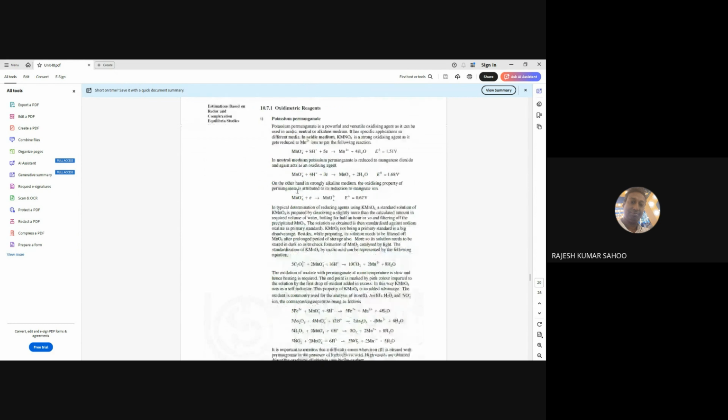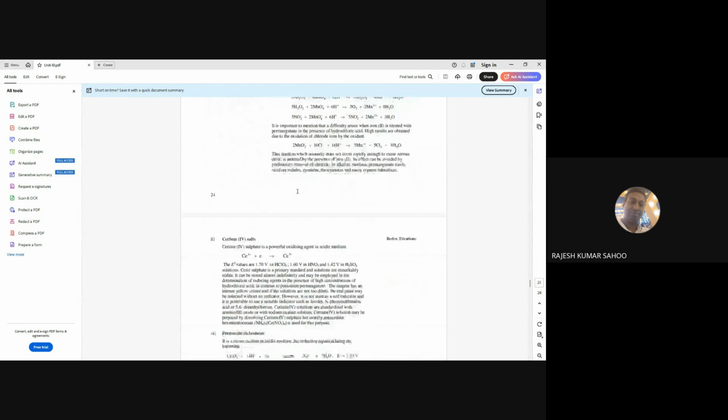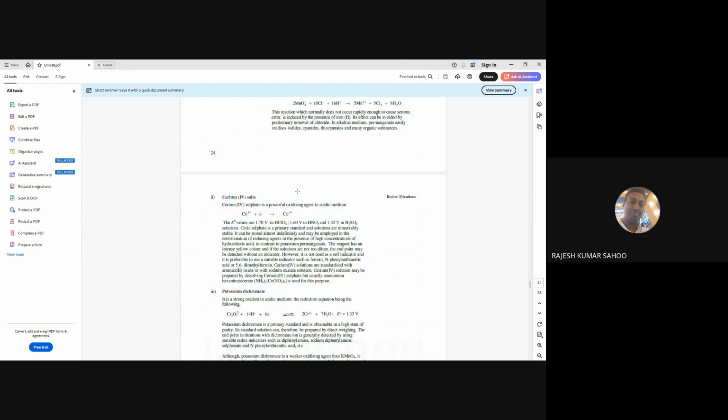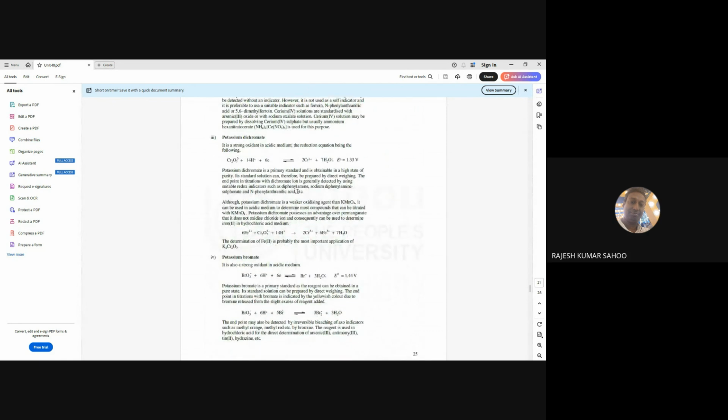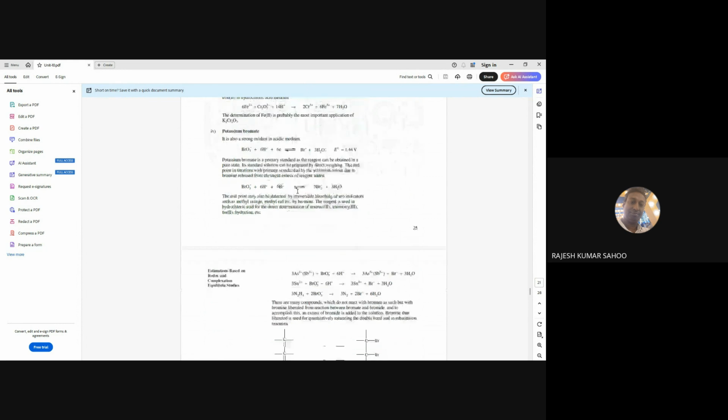Then oxidimetry reagents. Oxidimetric reagents are potassium permanganate, KMnO4, dichromate, K2Cr2O7, cerium 4 ion, potassium bromate, KBrO3.